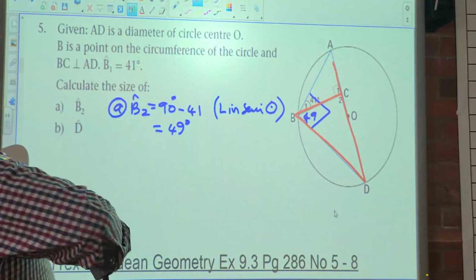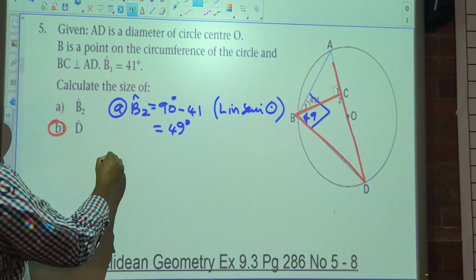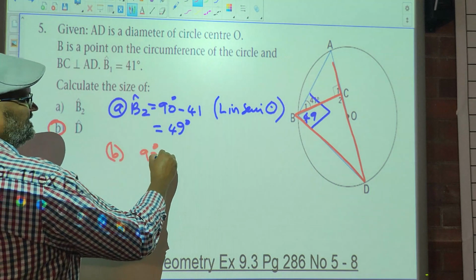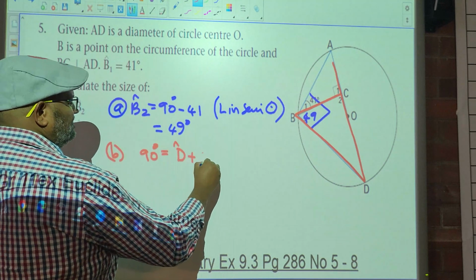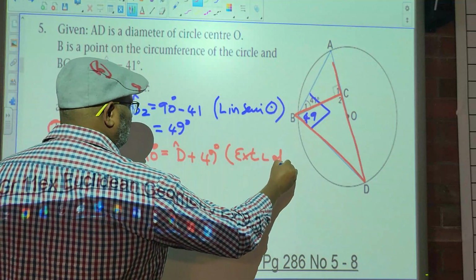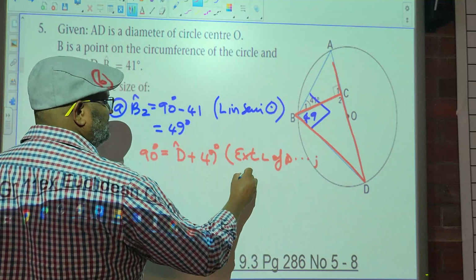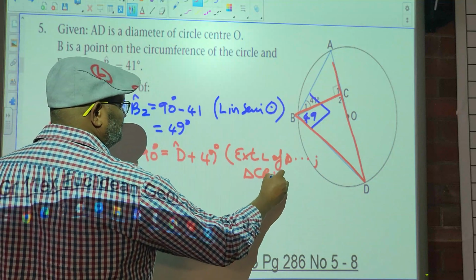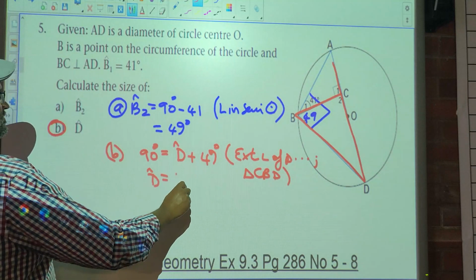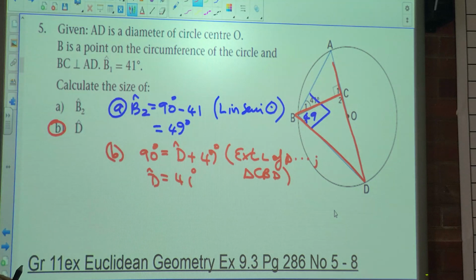So I'm going to say C1, which is 90 degrees, equals angle D plus 49 degrees. Reason? Exterior angle of triangle, and it is the exterior angle of triangle CBD. Okay, so angle D is going to be 90 minus 49, which is 41. So any confusion there?